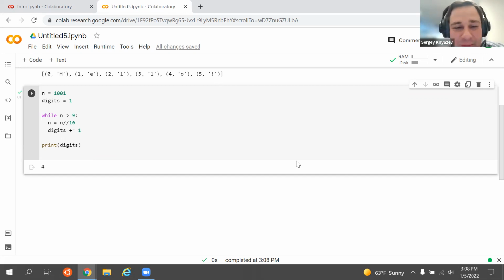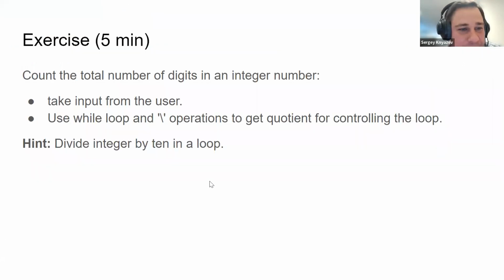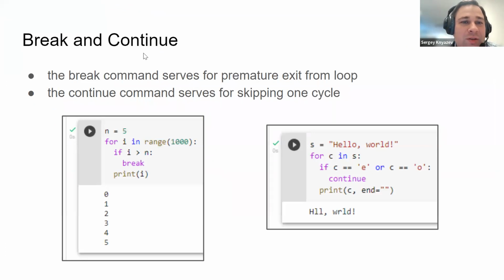Okay, so let's move on. So there are two important keywords that can either interrupt for and while loops or skip some steps. So the break command serves for premature exit from the loop. So here's an example. Suppose we want to stop on some iteration.